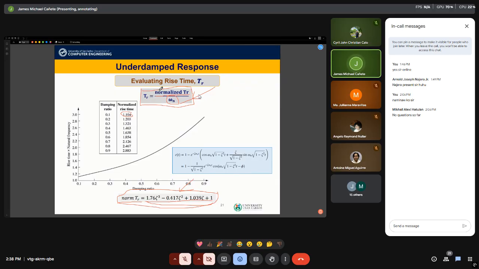Get the normalized rise time, divide it by omega sub n. It is a third order polynomial. First the graph of the third order polynomial, and this is the tabular form to make it easier to work with. So if zeta is 0.1, just use this table, substitute here, divide by omega sub n, and that gives the answer for your rise time.